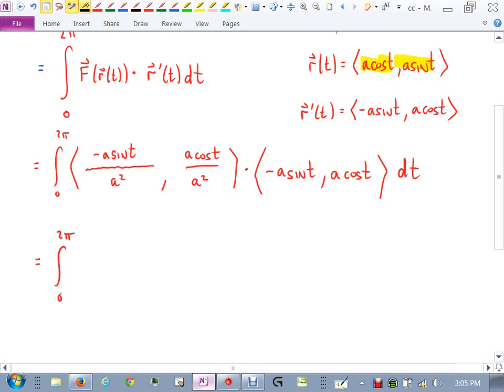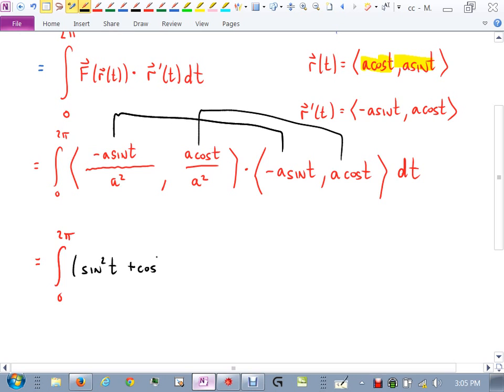What happens when we dot these? This times this would give us a squared sine squared t over a squared, which would just give us sine squared t. And then we do this one, we get what?